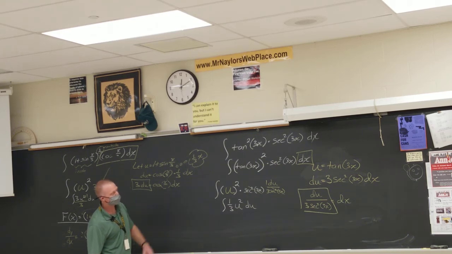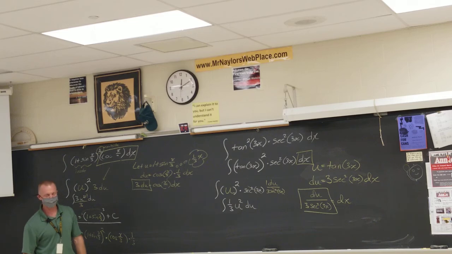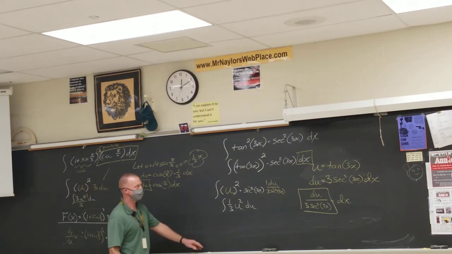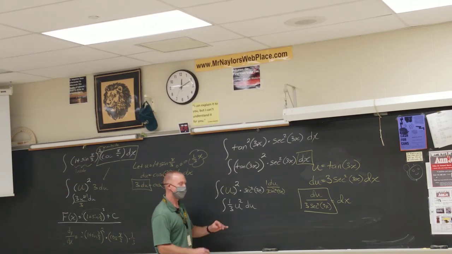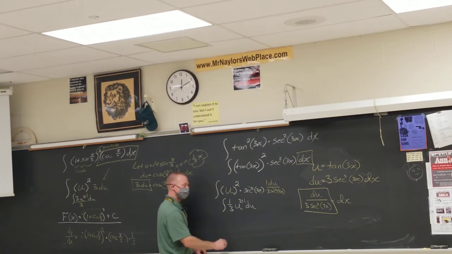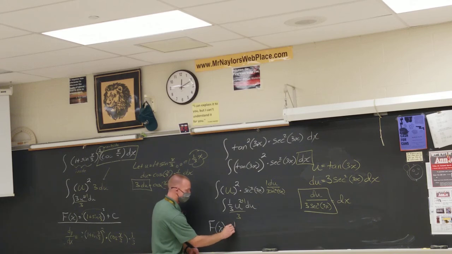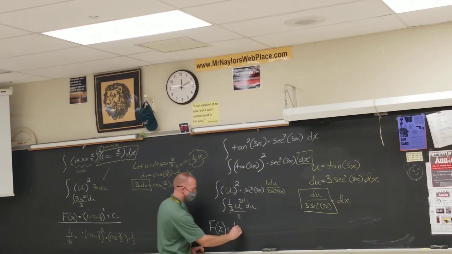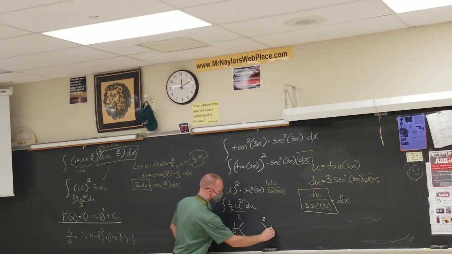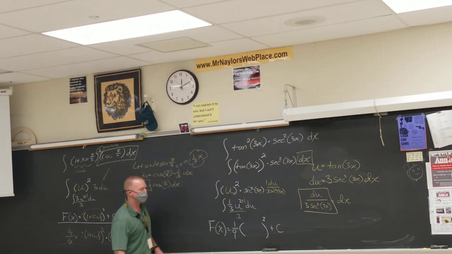Remember, we didn't actually do the antiderivative yet. That means I never really changed the essence of this problem. The essence of this problem is u squared. But now I'm going to change it to be u cubed divided by 3. In other words, 1/9 of our inside cubed.